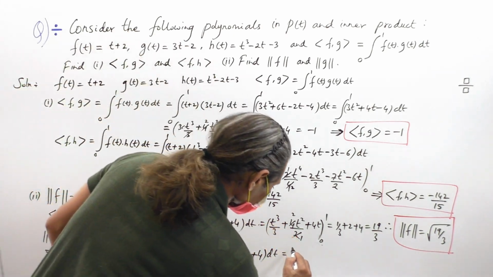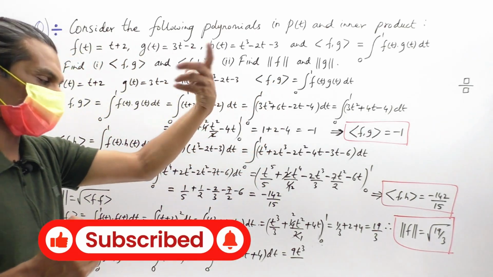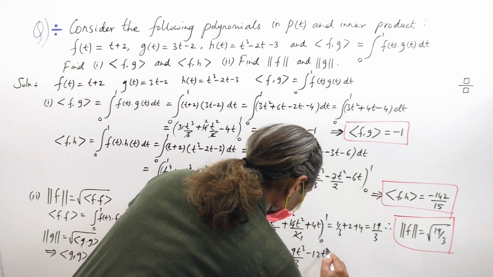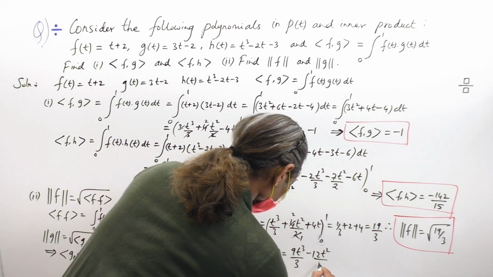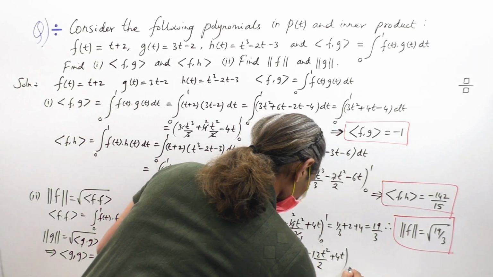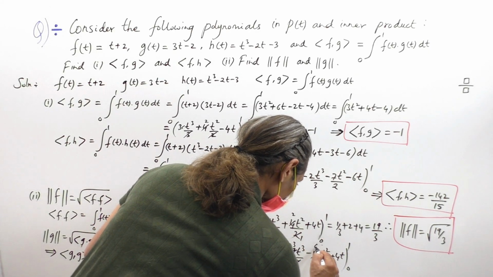Let's integrate this. So integration of 9t square is 9t cube over 3, because integration of t square is t raised to 2 plus 1 over 2 plus 1, t cube over 3, and minus 12t is minus 12t square over 2, and plus 4t, and the limits are from 0 to 1. So 3 ones are 3, 3 threes are 9, 2 ones are 2, 6 twos are 12.